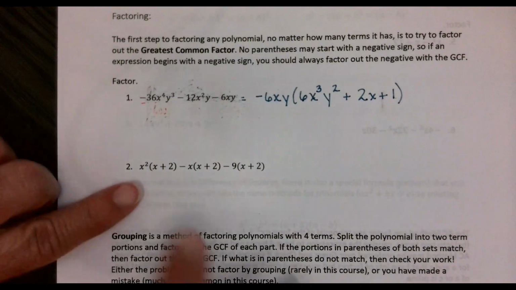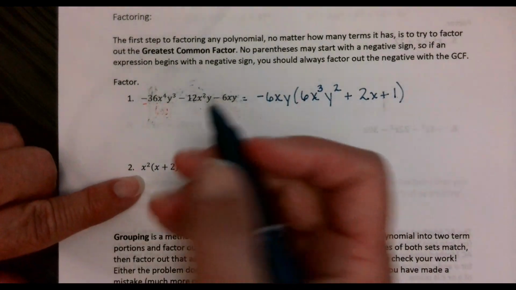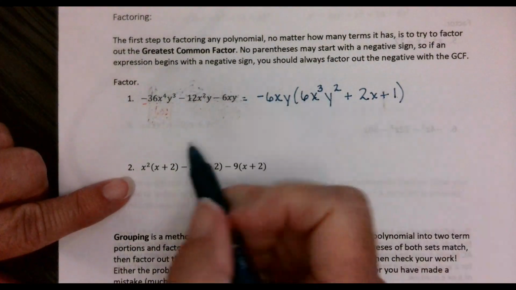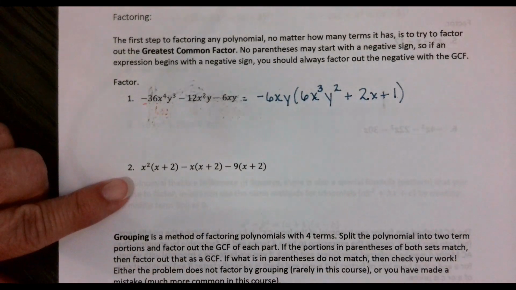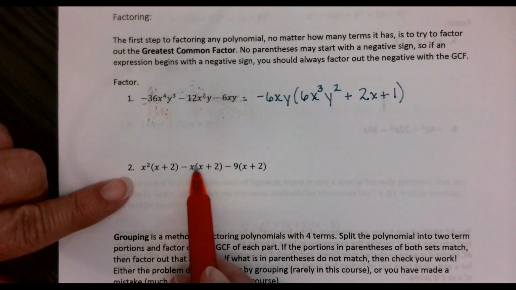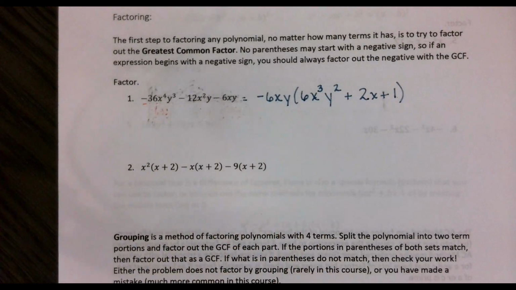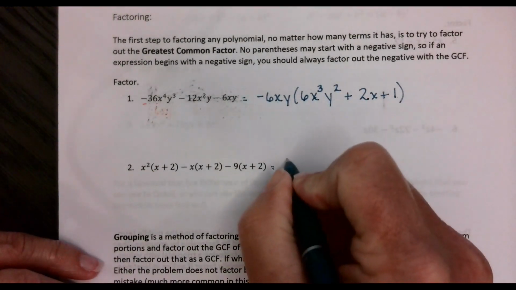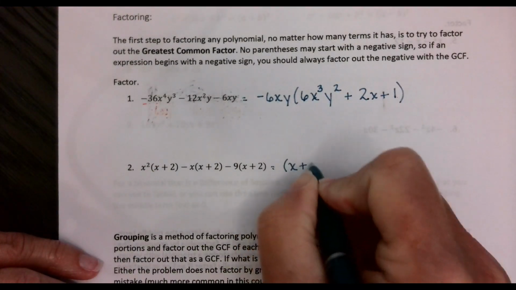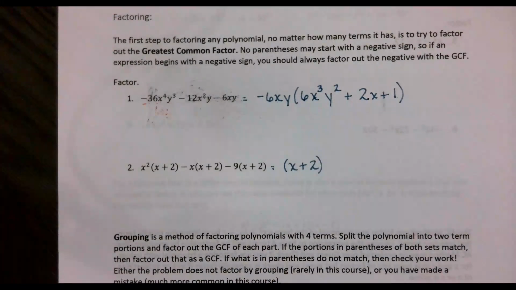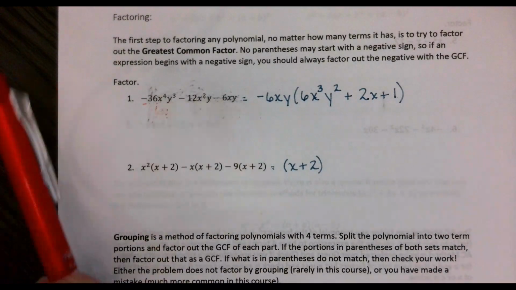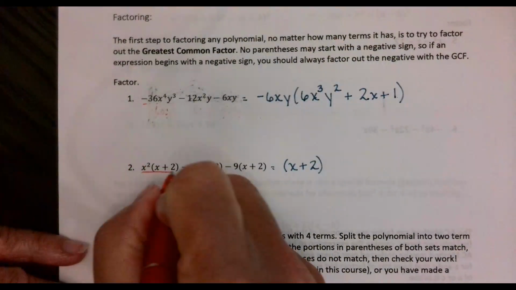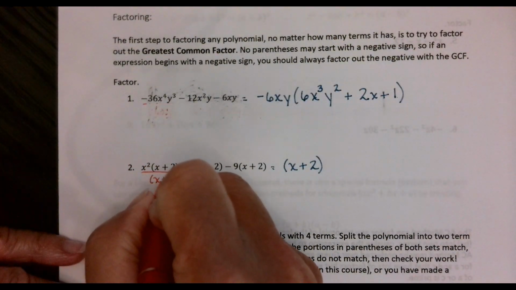In number 2, we're going to look at all 3 terms. There's 3 terms. Here's your minus sign. This is our first term, this is our second term, and this is our third. What do you see that they all have in common? They all have an x plus 2 in common. So that's what I'm going to pull out. That's our GCF. Again, it's like dividing each term by this.